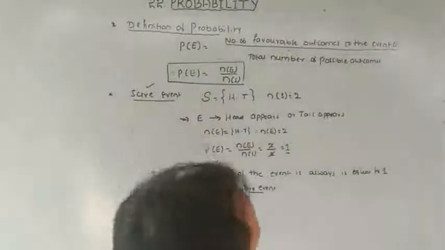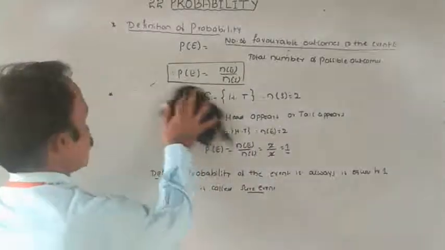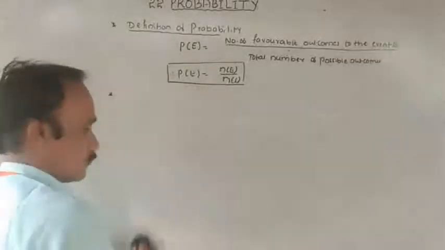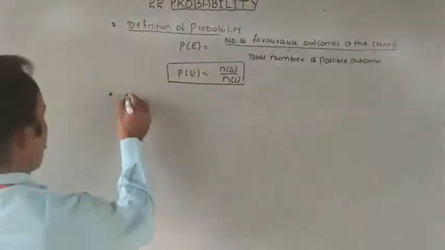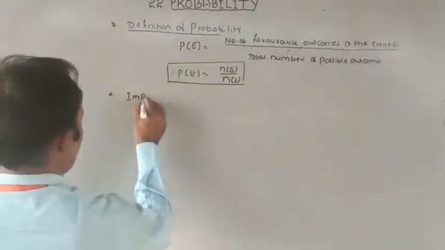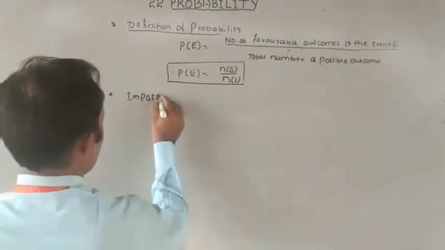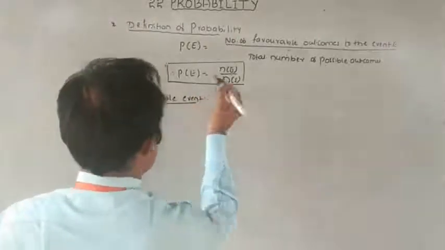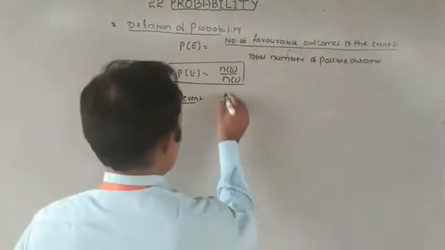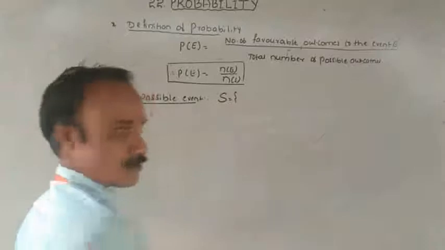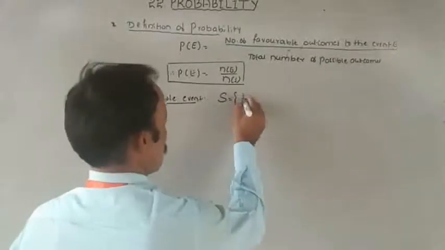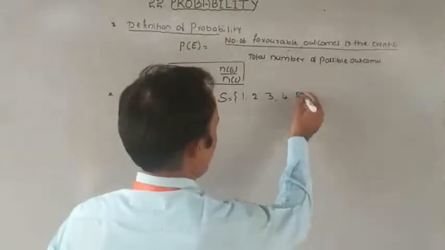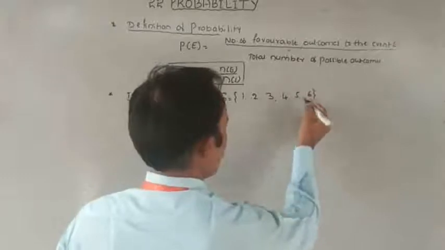Okay. Next we'll discuss the next one, impossible event. Impossible means it cannot happen. For example, throwing a die once. Note down the sample space: 1 appears, or 2 appears, maybe 3, maybe 4, maybe 5, maybe 6 appears.